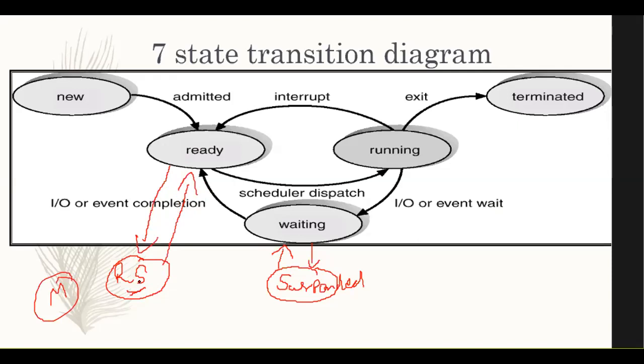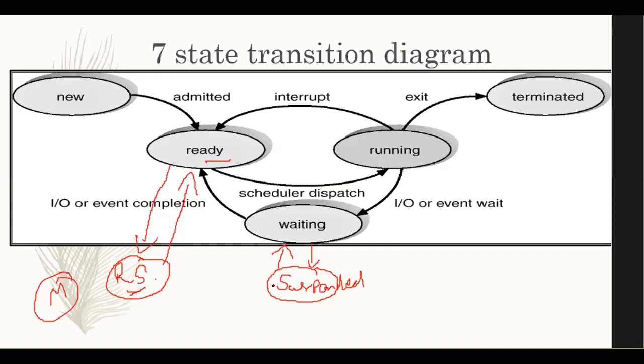That is the main reason that when my ready queue gets free, I'll bring processes from ready suspended to ready state. So is this the only arrow we require?